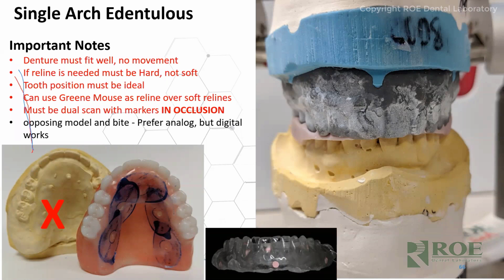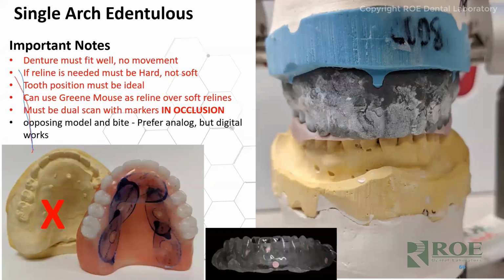The denture has to fit well, no movement. You can perform a hard reline. That would be ideal if the denture has any movement. I recommend not doing a soft liner, because if you do a soft liner, then we have to go a little different route with the scans. The tooth position, I put here must be ideal, but really it should be ideal because we can deviate in our planning from teeth that are not in a great position.